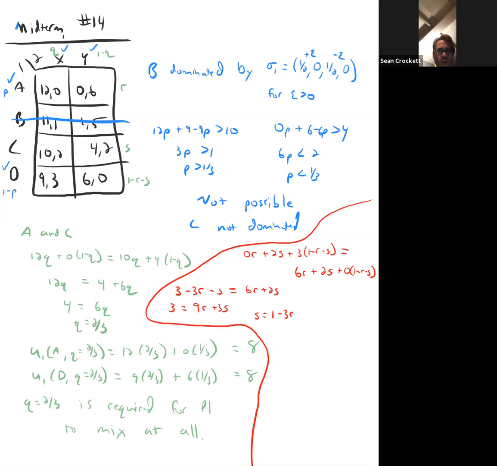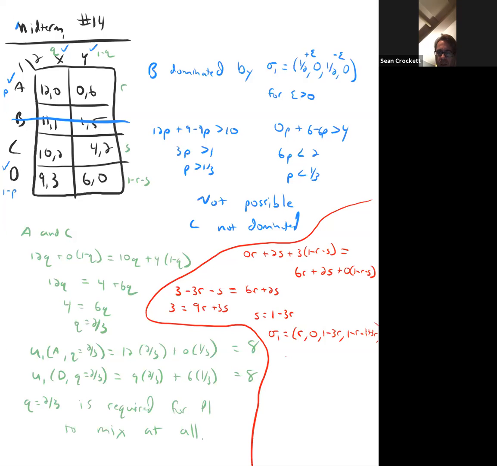Okay, so we have a solution that sigma 1 has to equal R, 0 because B is never played, 1 minus 3R, that's what we found S to equal. And now this last one is 1 minus R minus S, but we know S is 1 minus 3R, so that's going to be minus 1 plus 3R.